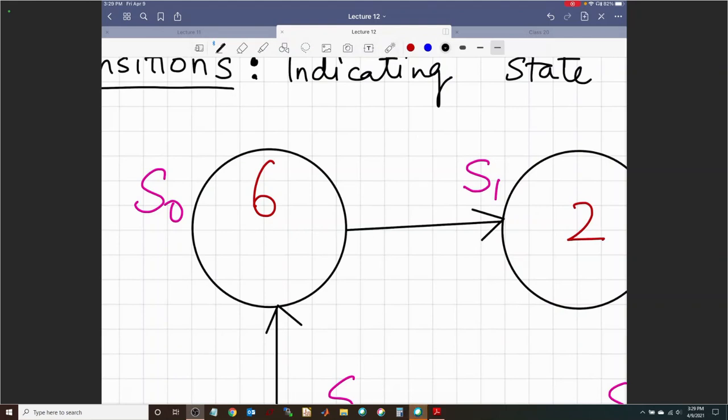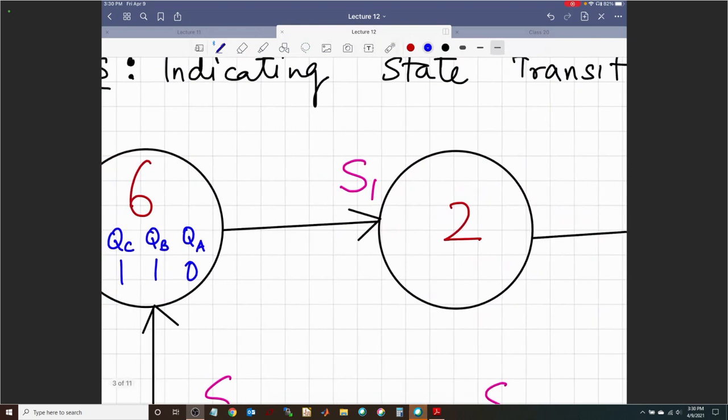So if I have QA, QB, and QC as the 3 outputs of the 3 flip-flops, it should be 0, 1, and 1. That's 6 essentially.